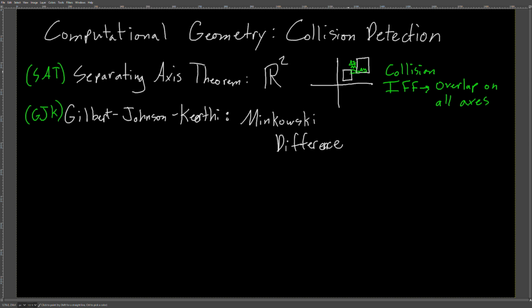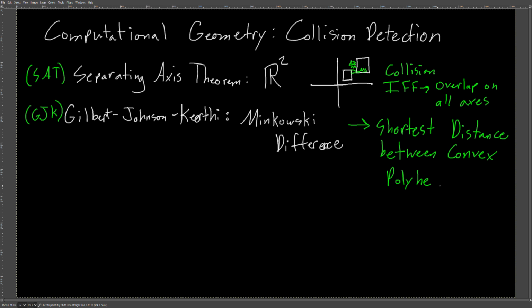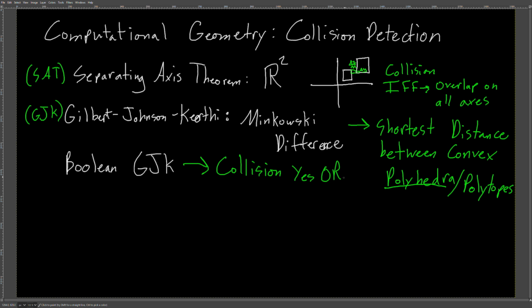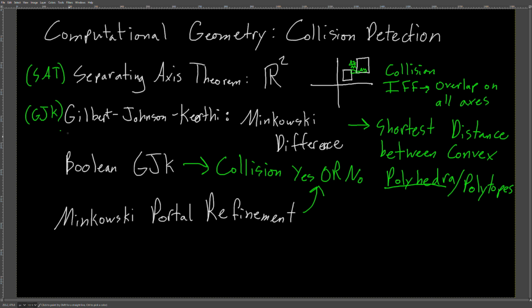GJK has also been chosen because it's a leading standard in industry for continuous collision detection. It has been revised to work a little bit better with floating point error, and there has even been a version that refitted it into the discretized collision detection problem.